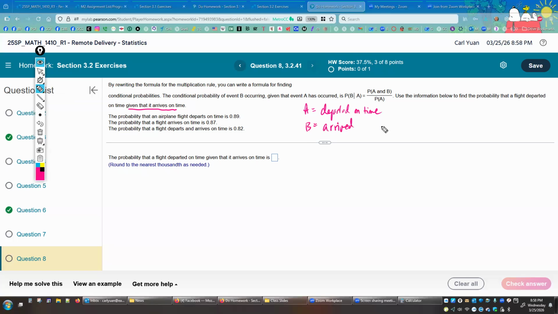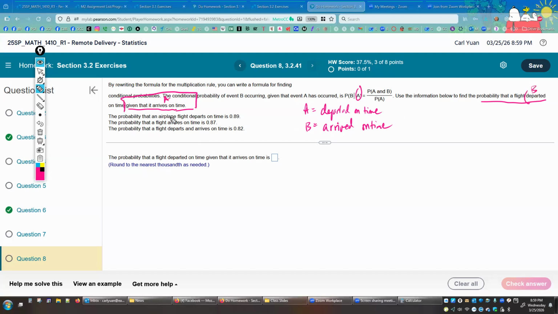How do I know this? The given has to be A, because in the formula only one of the two events is given. So arrives on time is A, and departed on time would be B.